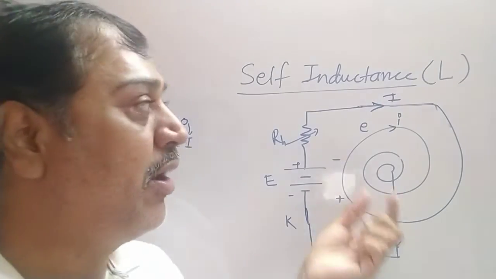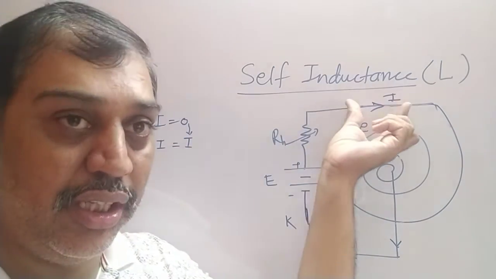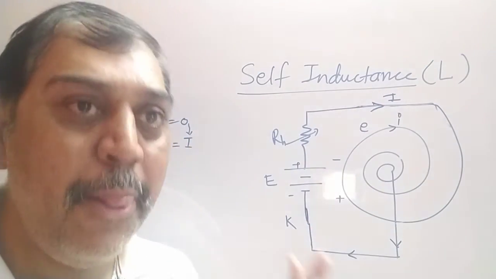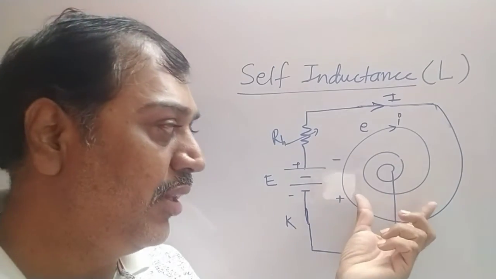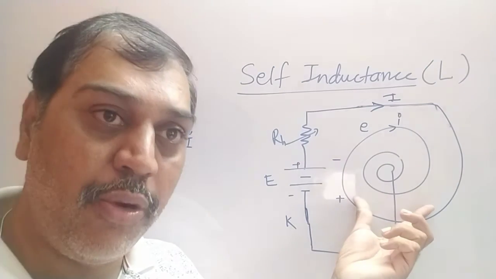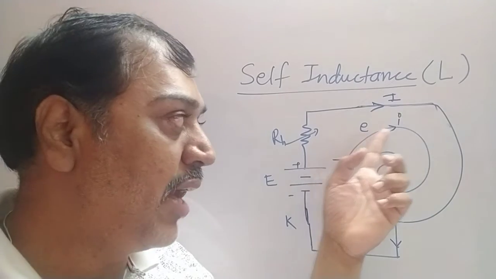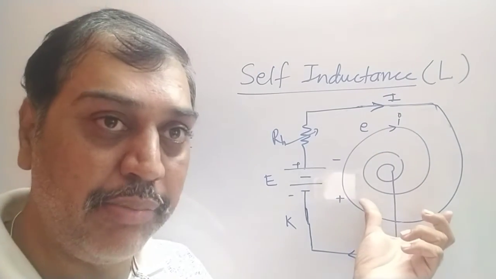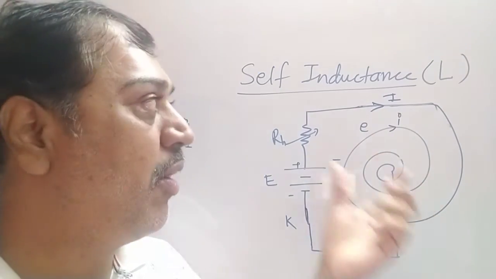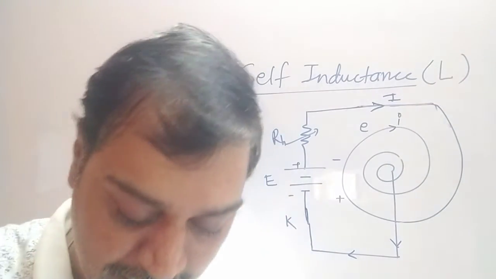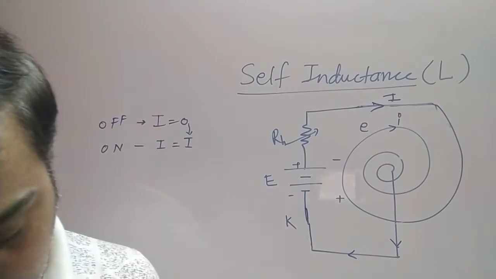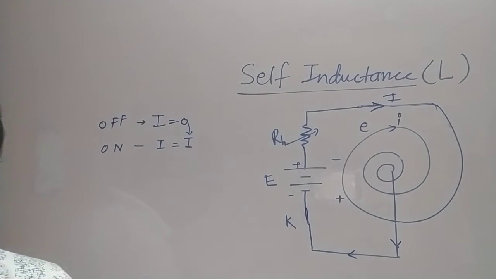This phenomenon is said to be self-induction. Self-induction means what? Due to a changing magnetic field in the same coil, EMF is induced and current is induced. That phenomenon is said to be self-induction. If you have the book, in the book figure 12.11 is there.